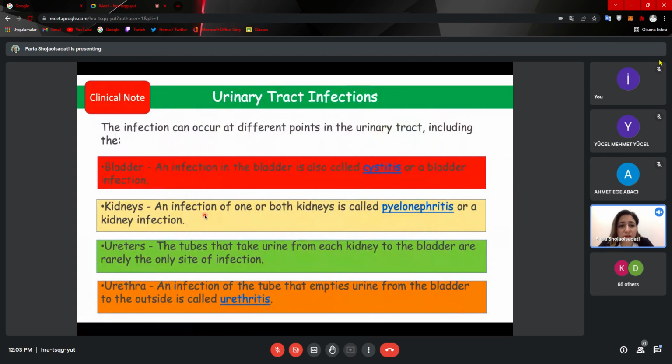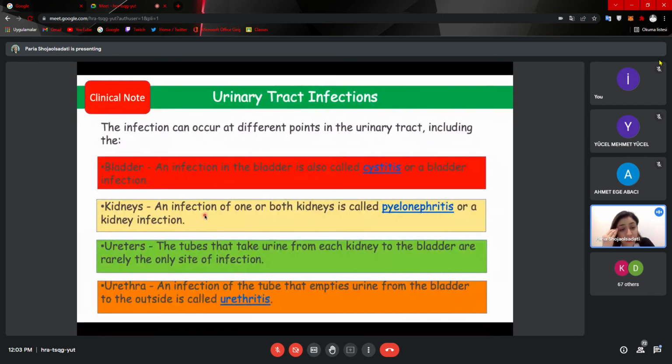The infection of the urinary tracts can occur at different points, including the bladder. An infection in the bladder is famous as cystitis, or a bladder infection.